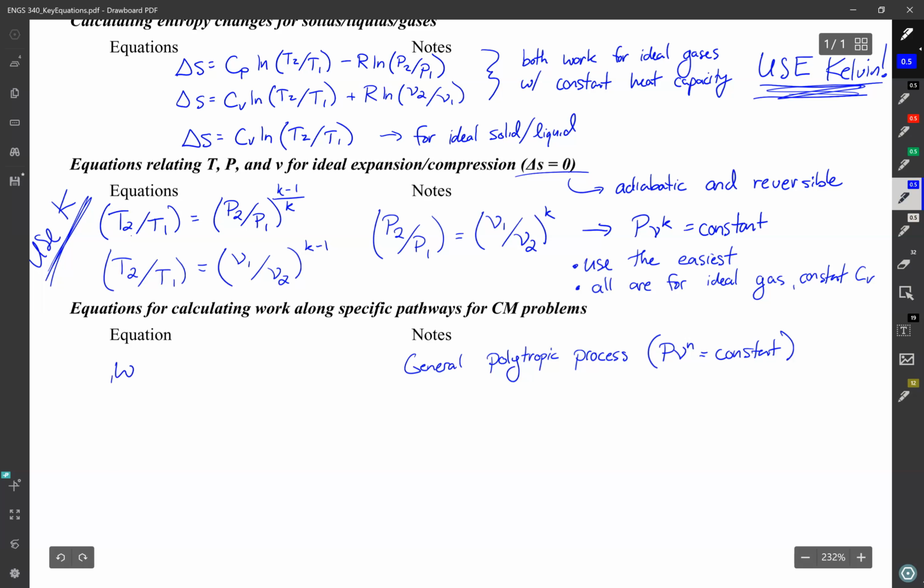Then our equation for work 1, 2, equals P2 V2 minus P1 V1 over 1 minus N. It's our general equation.